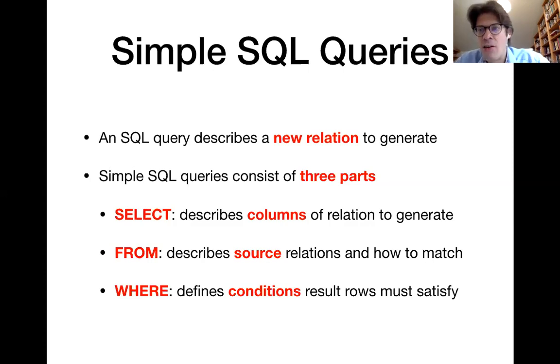Then in the where condition, you specify certain predicates, certain conditions that the rows in your result relation must satisfy. And in the select part of the query, you specify the columns of the result relation that you want to see. So we are discarding the other columns.